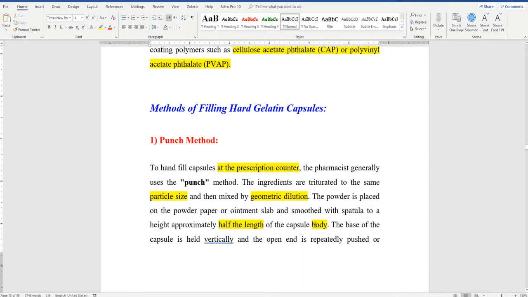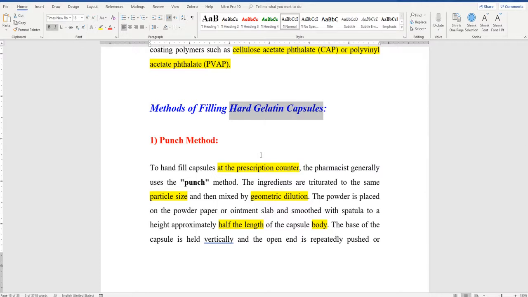You remember that here we are talking about hard gelatin capsules, each made of two pieces, the cap and the body. So what you do is remove the cap and then use the body.